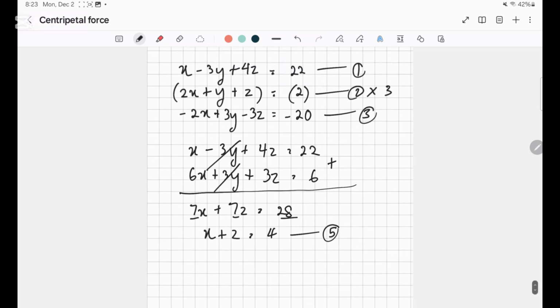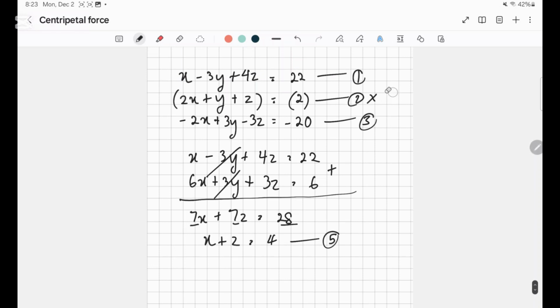Now let's go back to our second equation, this was 2. Now we are considering the second one and the third one. Let's multiply the second equation by minus 3, because minus 3y plus 3y gives you 0y.